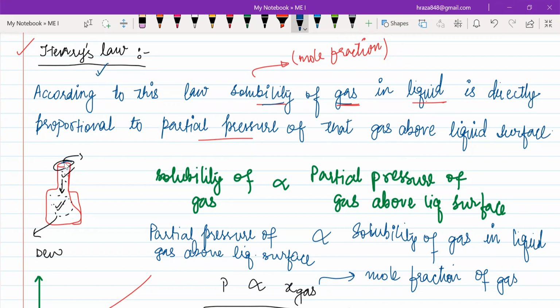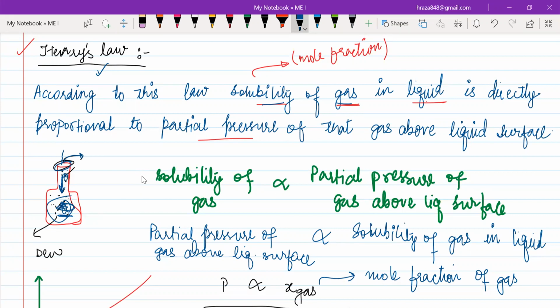You know this is your soft drink, and if you open this bottle, there will be a sound like this, because there is gas above the liquid surface. That gas applies partial pressure to the liquid, and this partial pressure is directly proportional to the solubility of this gas in the liquid.